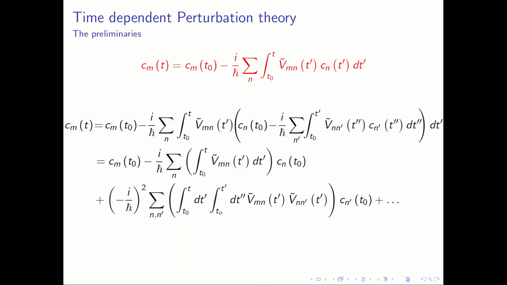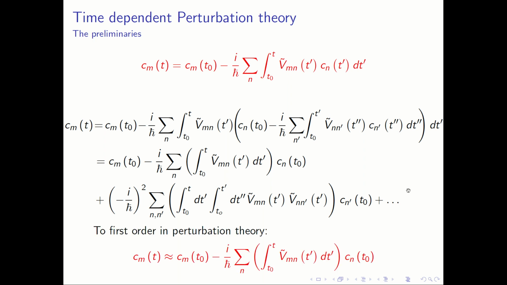In particular, if we just keep up to the first order in v tilde, which of course is proportional to v, we just get Cm(t) is Cm(t0) minus just this one term, and this of course is second and higher orders here, which are being ignored.